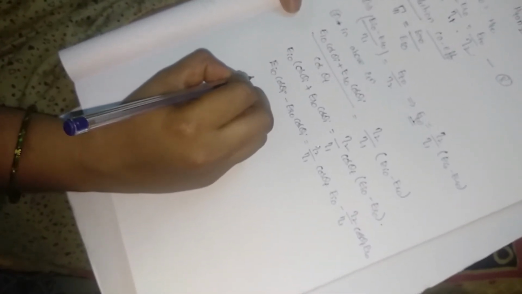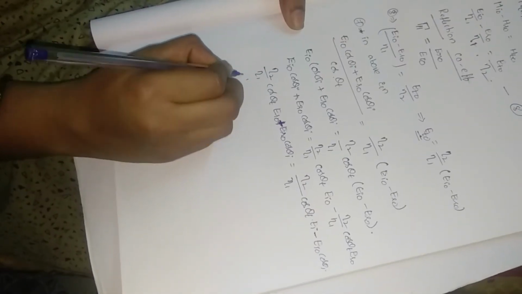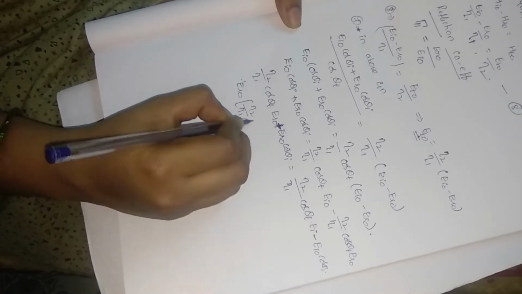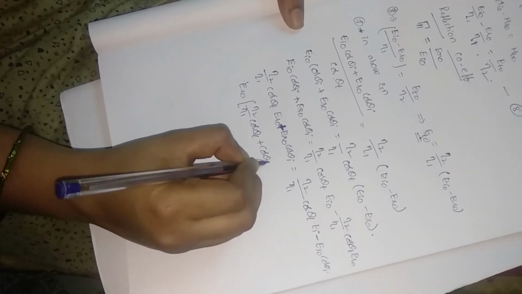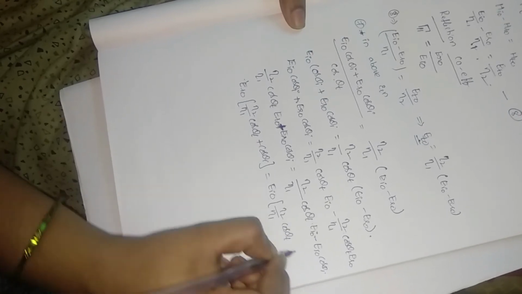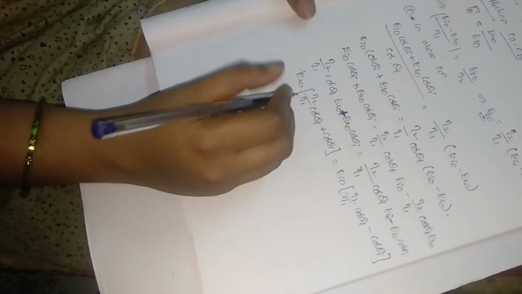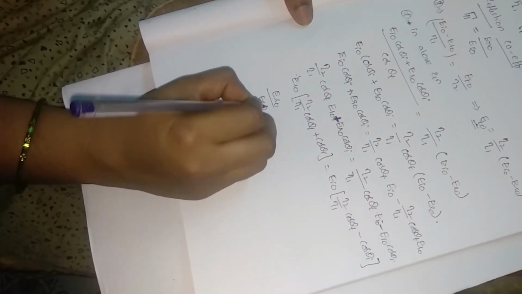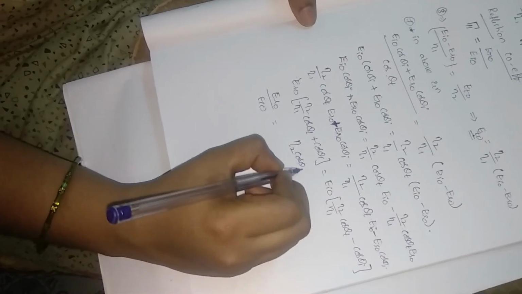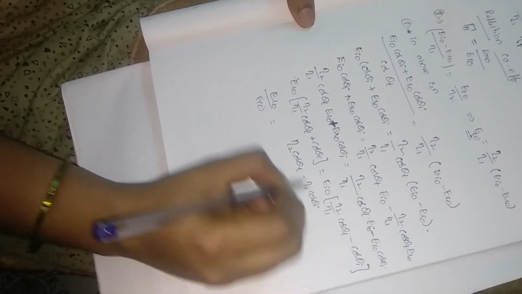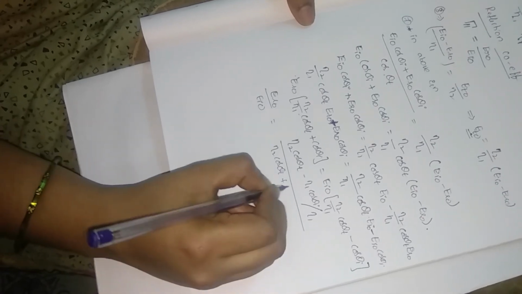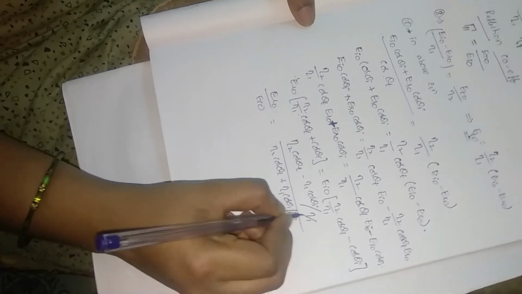You will get, take ER naught as common, (eta 2 minus eta 1) cos theta T plus cos theta I is equal to, take EI naught as common, (eta 2 minus eta 1) cos theta T minus cos theta I. So from this, ER naught divided by EI naught is equal to eta 2, take LCM, (eta 2 cos theta T minus eta 1 cos theta I) divided by eta 1, divided by, here also take LCM, (eta 2 cos theta T plus eta 1 cos theta I) divided by eta 1. Eta 1 will get cancelled.